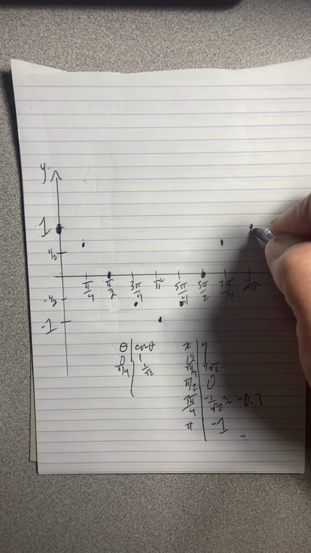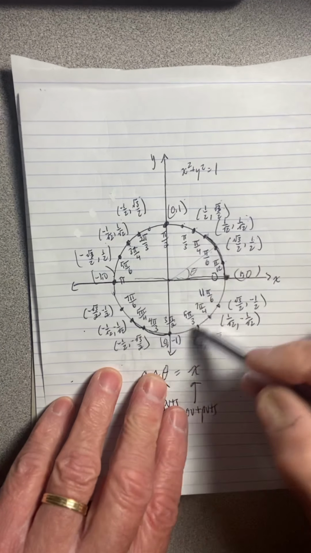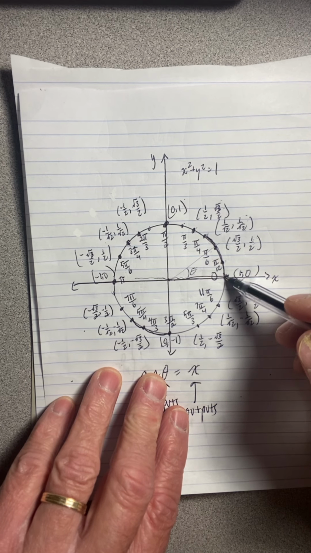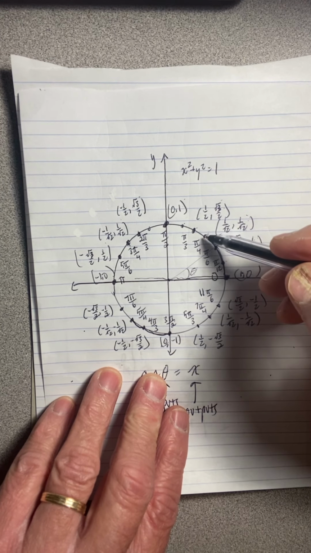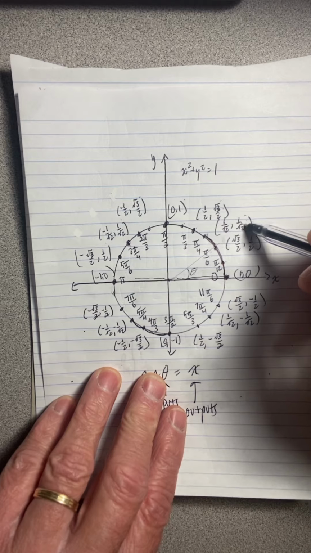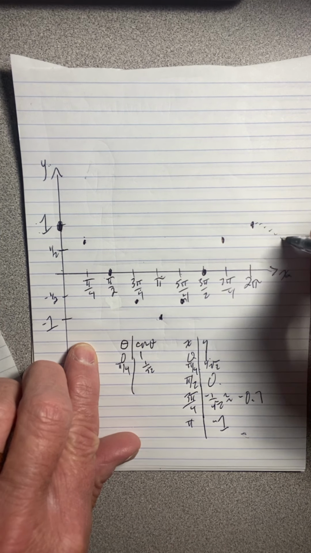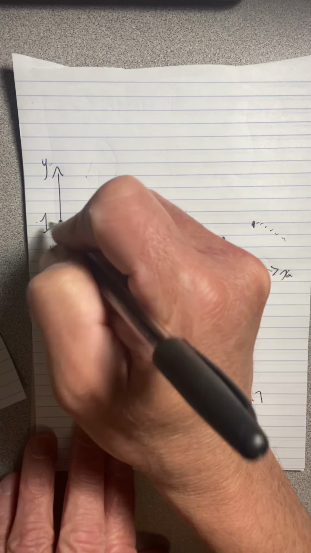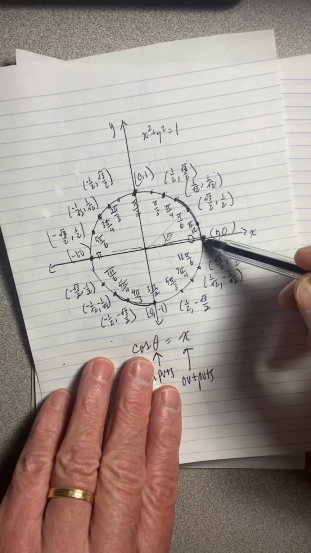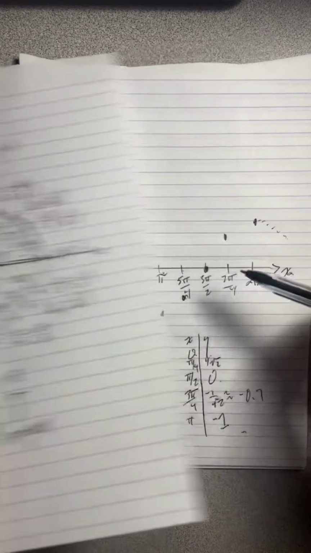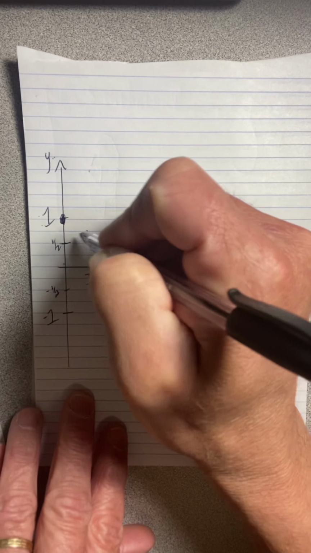And of course, if I keep going around past 2 pi to 9 pi over 4, that would land me right back in this position. So it's going to go back down. The same thing's going to happen if I go in the negative direction. If I go to negative pi fourths, I'll be back to this positive value here.